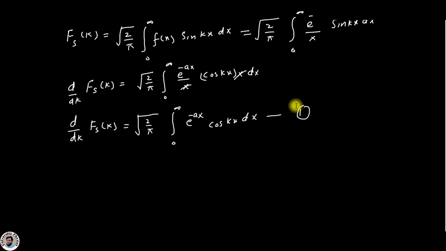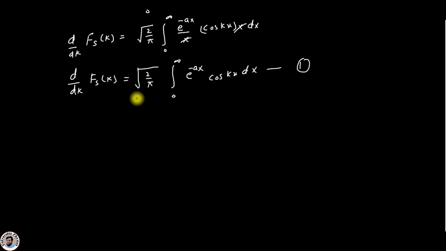Now I have to make some supposition. I consider that I is equal to integration from 0 to infinity e to the power minus ax cos kx dx.